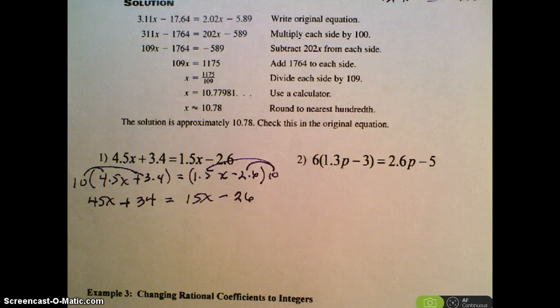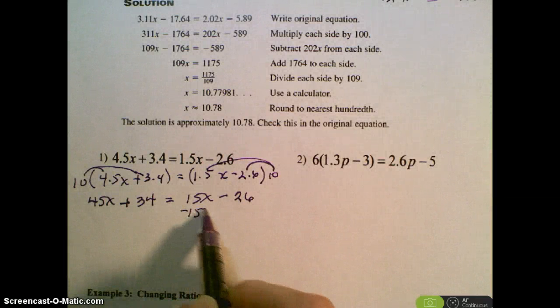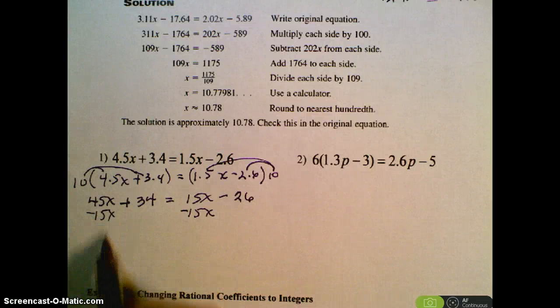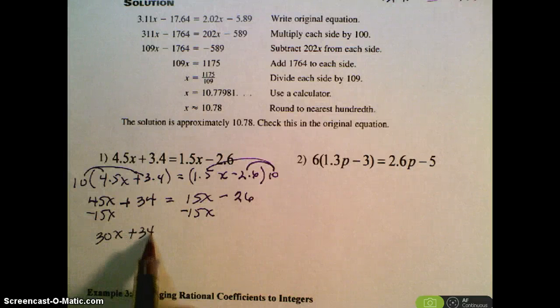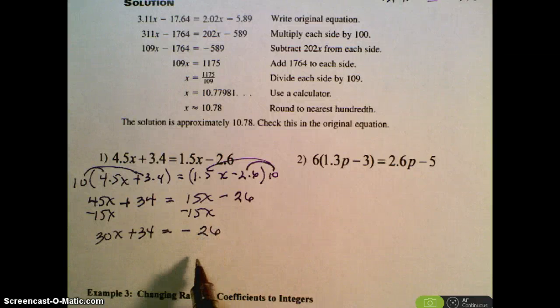So now we can still do what we learned yesterday. I'm going to move and combine all the variable terms on one side, one step at a time. So that'll give me 30x plus 34, and that's going to equal negative 26.